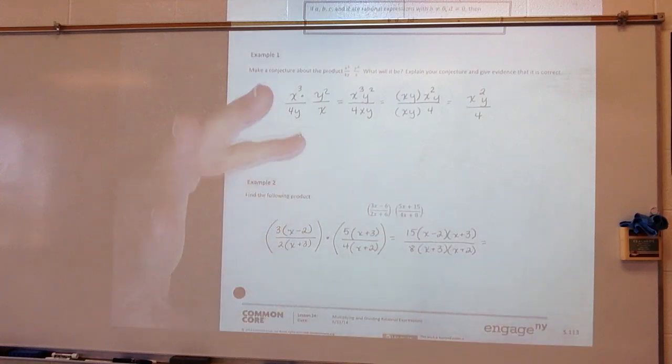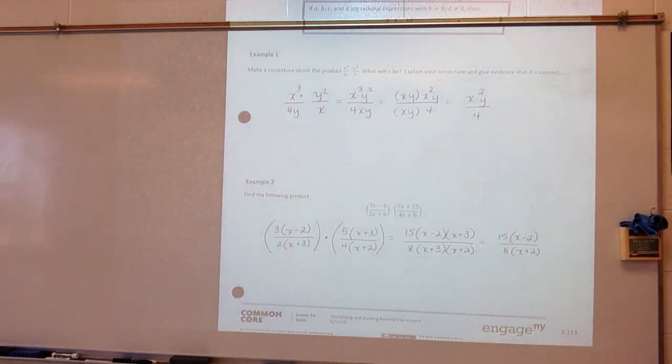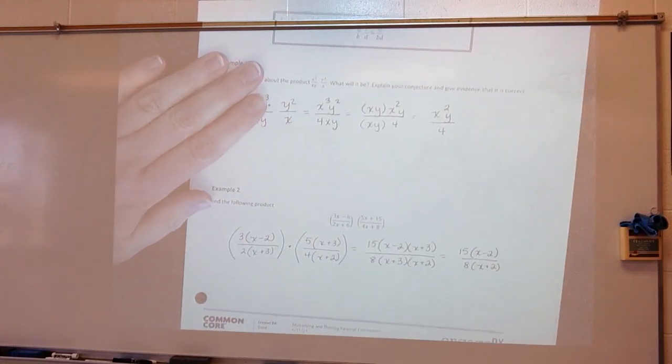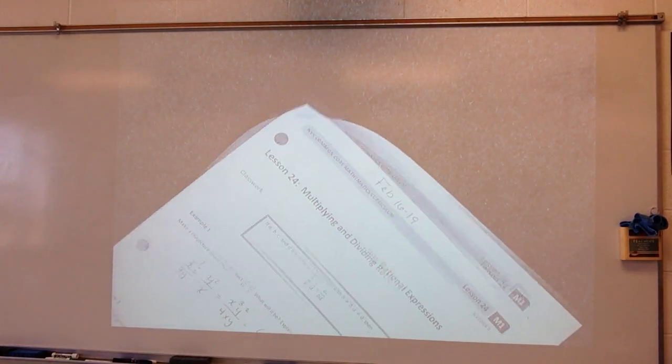So when I divide those, I get 1. So I end up with 15 times x minus 2 over 8 times x plus 2. You can leave it in that form. Simple as that. You do not have to factor anything or use the distributive property there.